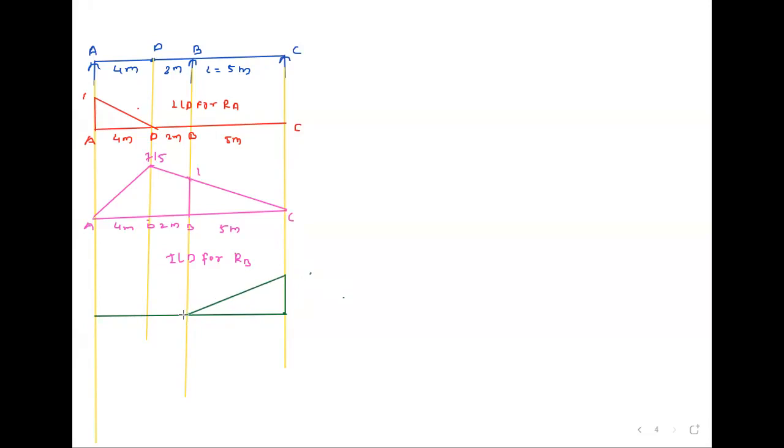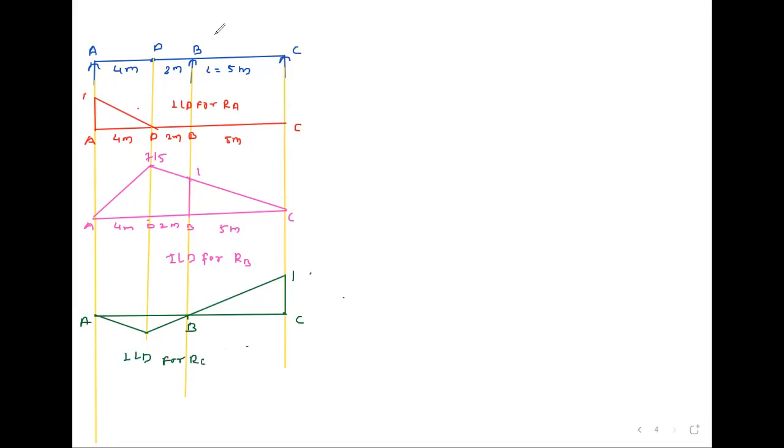Okay, B ला value 0 असेल, ती D ला तुमची कंटिन्यू येईल आणि D मधून कशाला तुमची क्लोज होईल, A ला. So this is the ILD for RC. 1 here, 0 that is B point, C point and this is A point. So this is the ILD for RC.